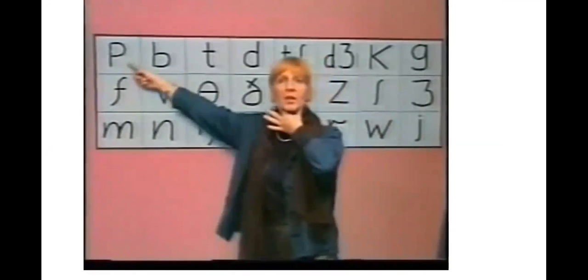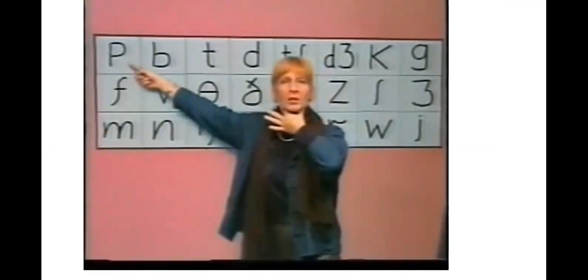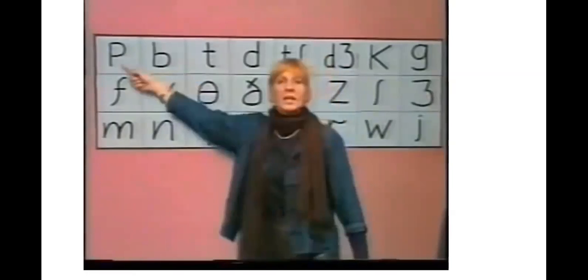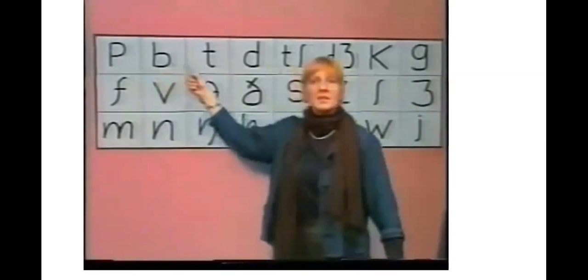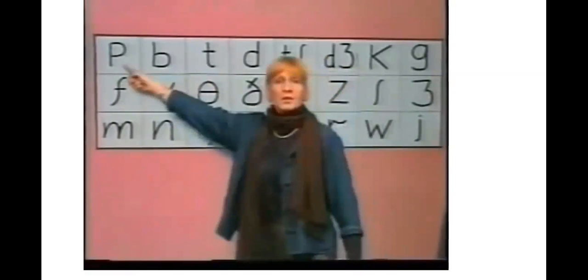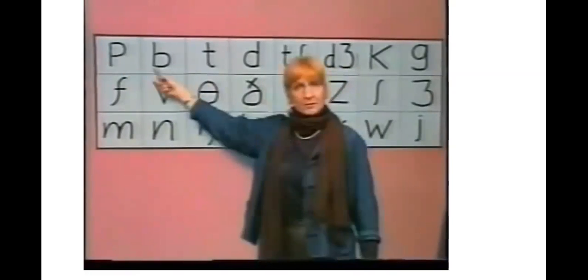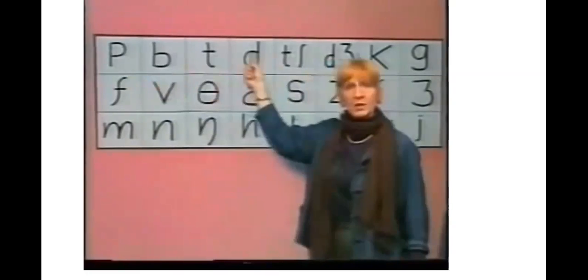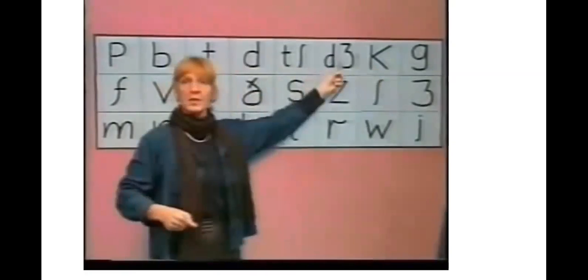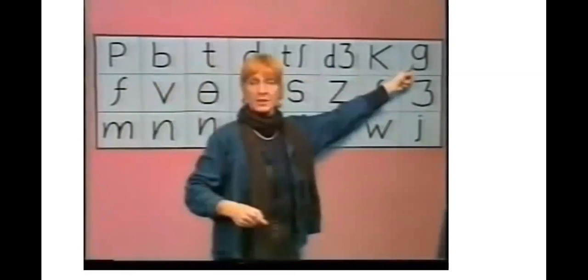In this one, there's no vibration. In this one, B, you feel a vibration in your hand. All the sounds are either unvoiced or voiced. Unvoiced, voiced, unvoiced, voiced, unvoiced, voiced.